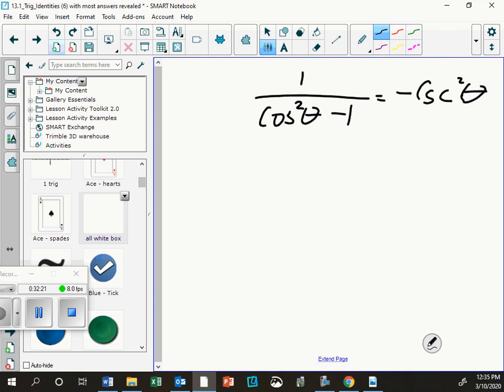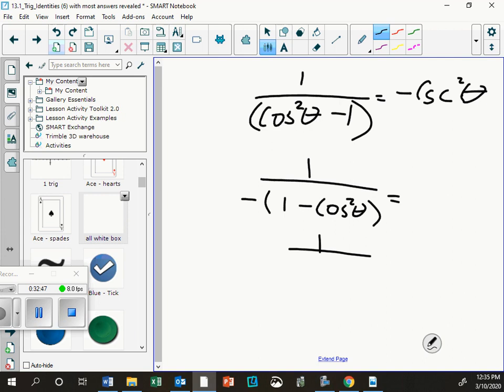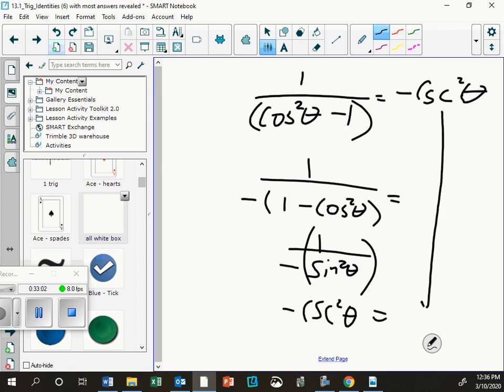Okay, so the technique I just told you was about how you can reverse things by factoring out a negative 1. So then you take this and you reverse it, and you've got negative of 1 minus cosine squared, and that's good because 1 minus cosine squared is sine squared. Notice I'm not messing with the right side. 1 over negative sine squared then. What's 1 over sine? Cosecant. Negative of cosecant. And that's what I wanted.